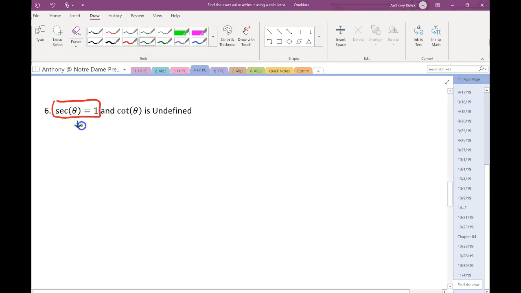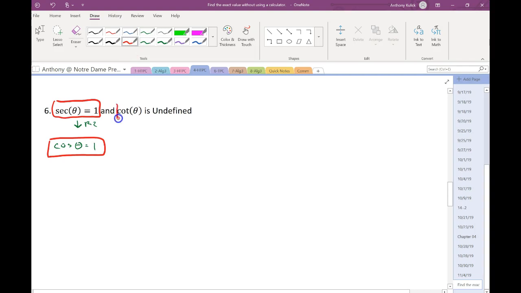So that's that. If I use R2, the fact that secant and cosine are reciprocals tells me cosine is also 1, right? Okay.